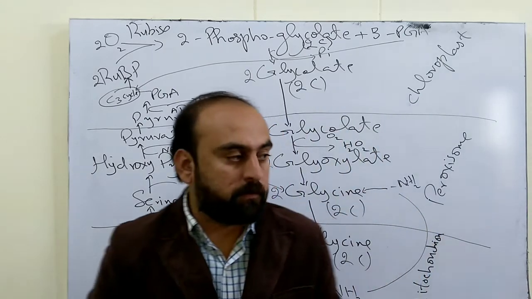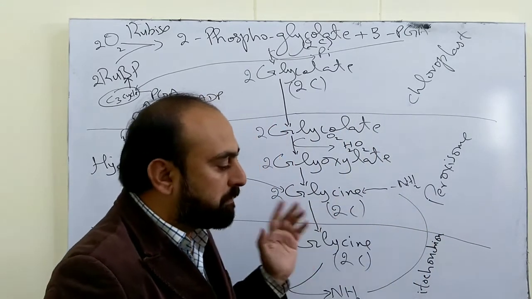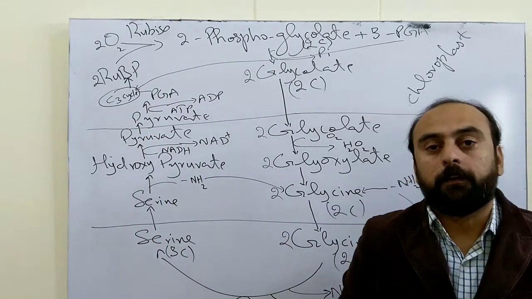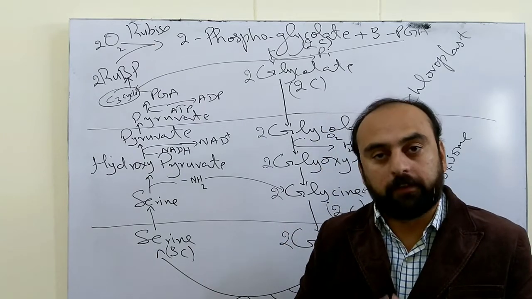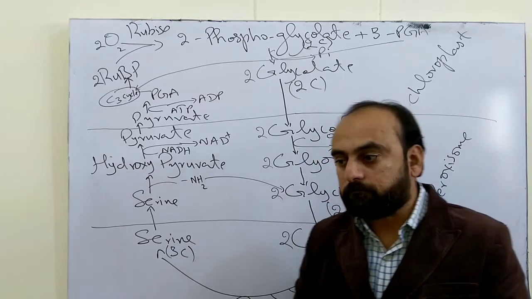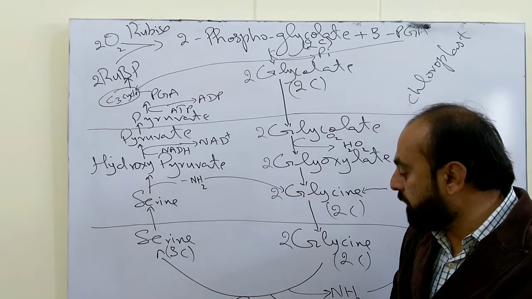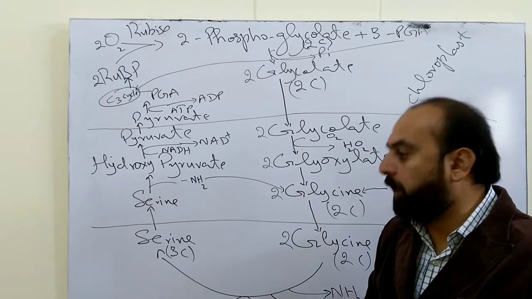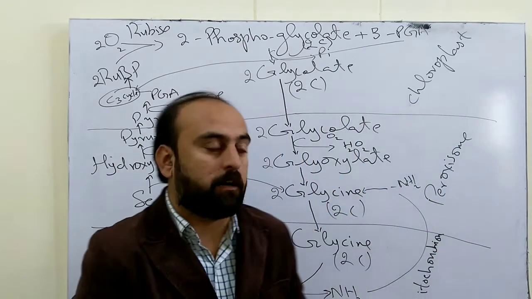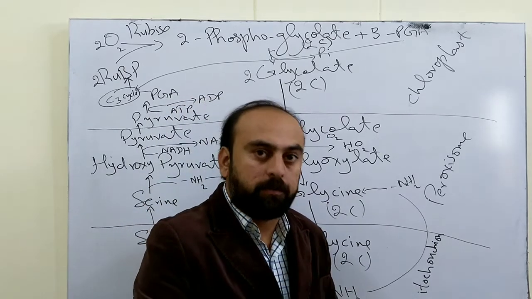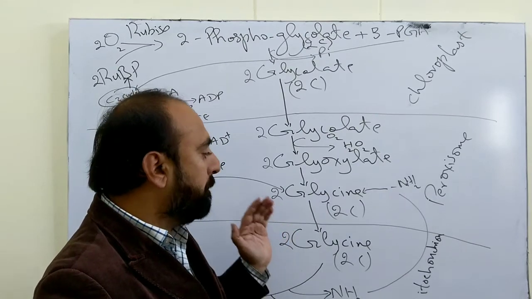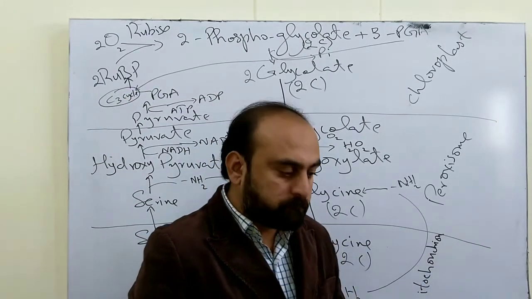So one advantage of this photorespiratory pathway is that it acts as an additional sink for wasting this additional absorbed energy by dissipating it in the form of heat, and the ATP and NADPH which are in excess in the plant, which are not being utilized in the carbon reactions, can be dissipated in this way.